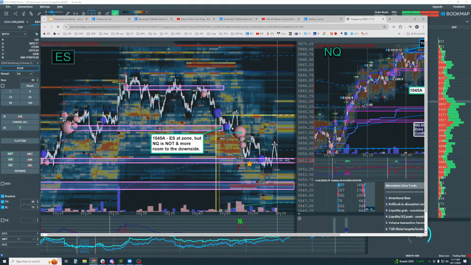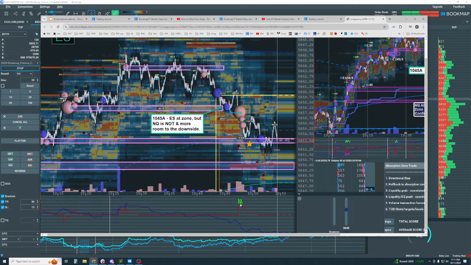What I like you're doing is you're looking at the absorption add-on, the Market Pulse add-on here, and you can see some of these areas that are trading. So you're getting your indication of the passive orders. You're just doing it a little differently.